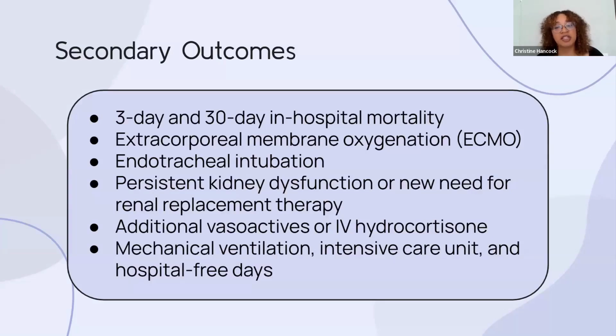They also looked at initiation of extracorporeal membrane oxygenation, endotracheal intubation, as well as the individual components of MAKE 30, including persistent kidney dysfunction or need for renal replacement therapy, as well as any additional need for vasoactives or steroids. They also looked at mechanical ventilation or ICU and hospital-free days.